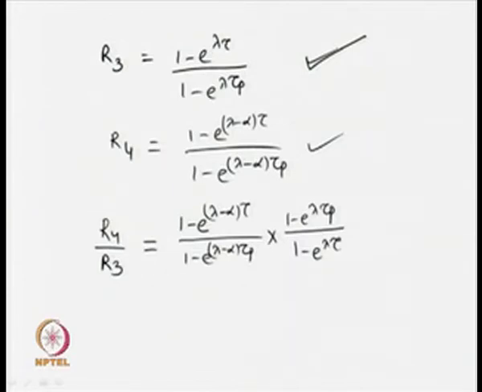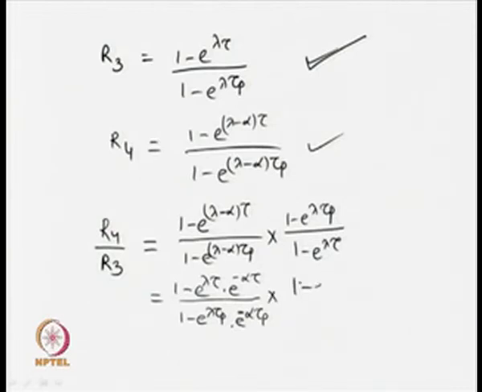Now, I can write this in the form of 1 minus e to the power lambda tau times e to the power minus alpha tau. Similarly, the denominator term will be 1 minus e to the power lambda tau p times e to the power minus alpha tau p, and the rest of the things will remain as it is.